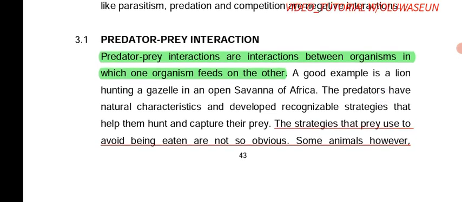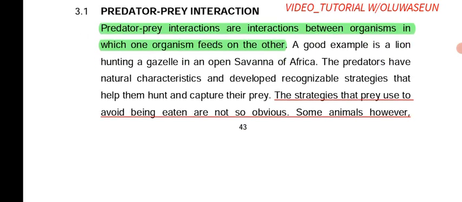Now, there are strategies that the prey use to escape from their predators. These strategies may not always be obvious in some animals, and in some they are very obvious.